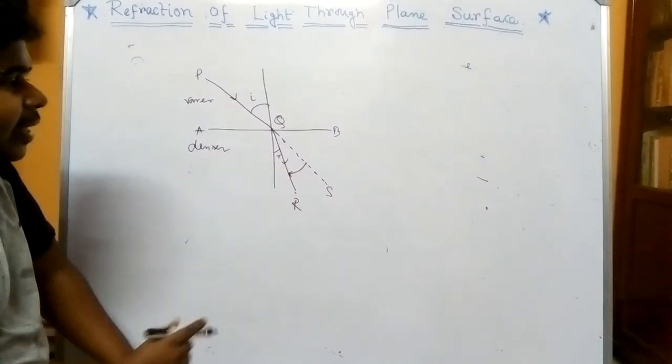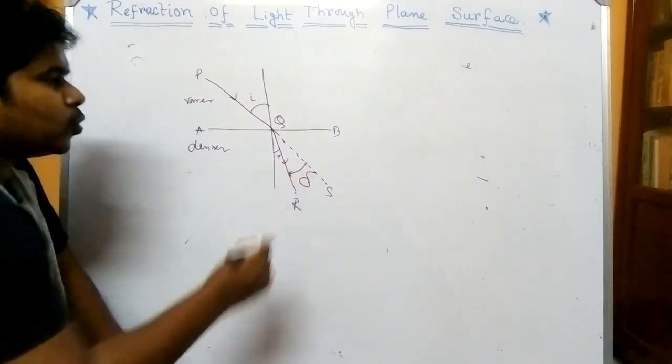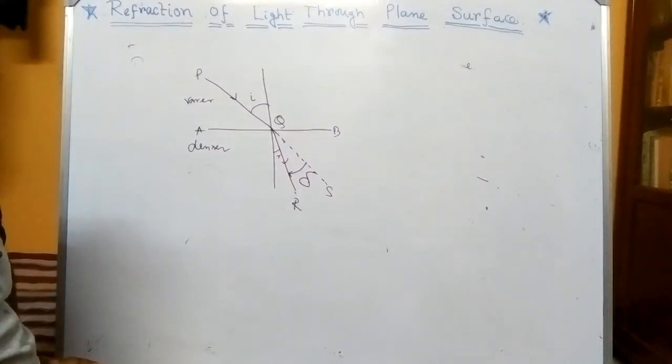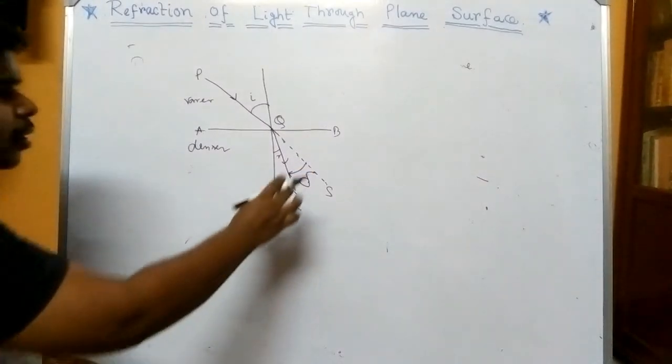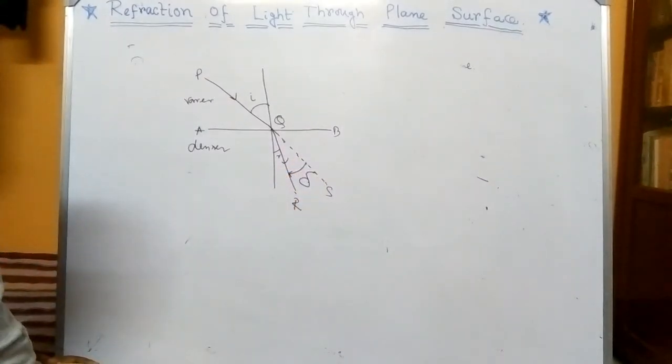So this angle is known as the angle of deviation, because it is deviated from its own path.